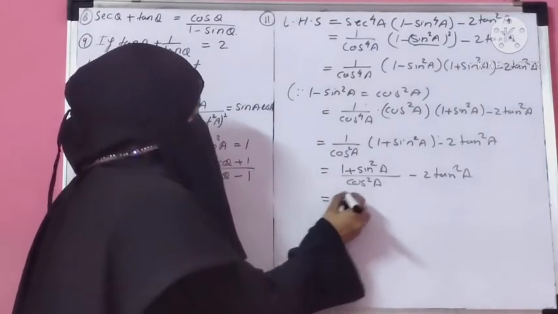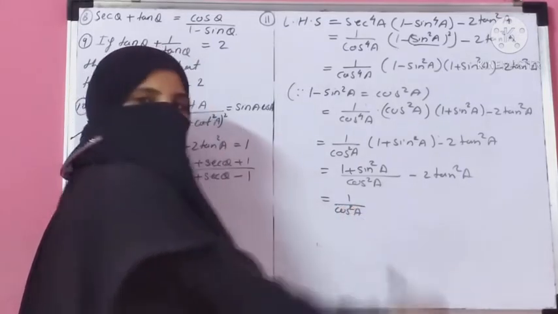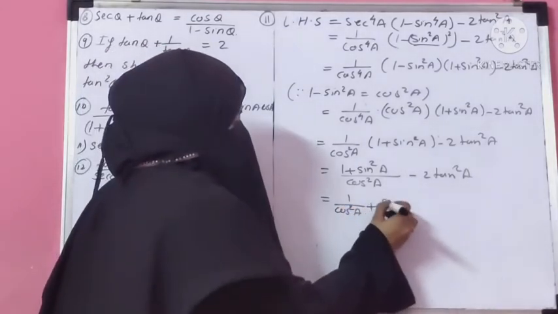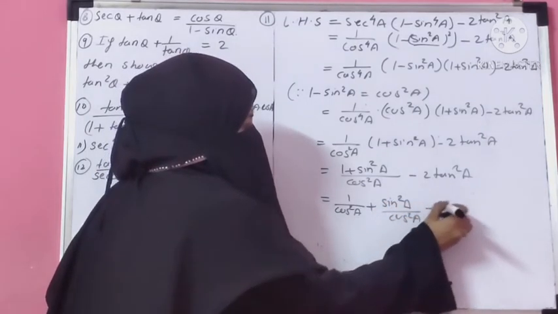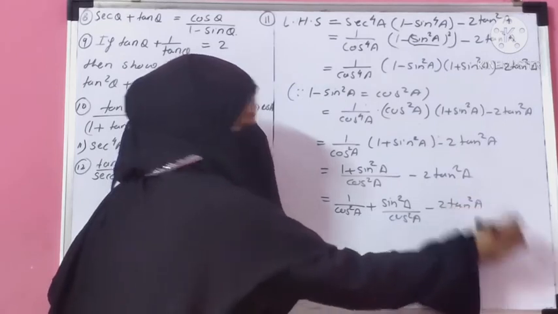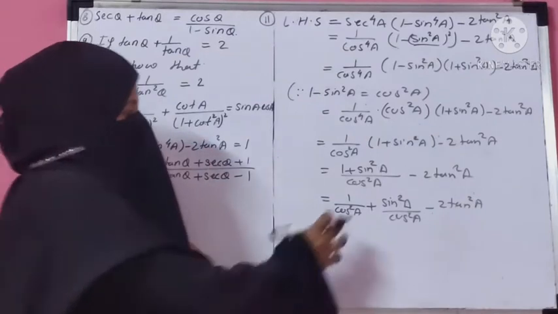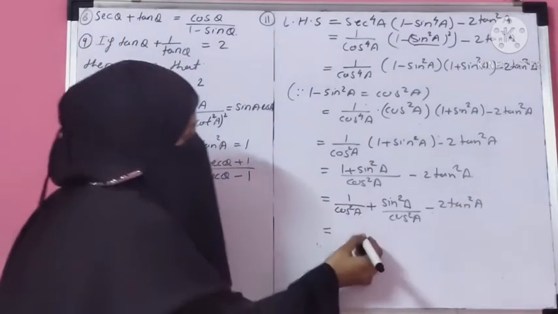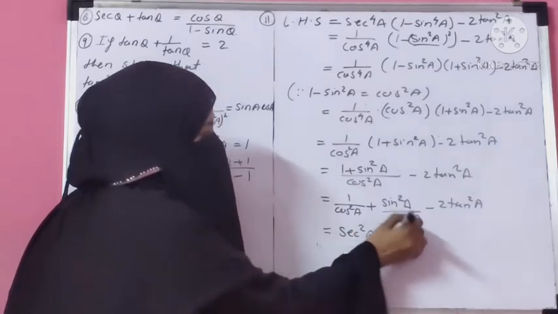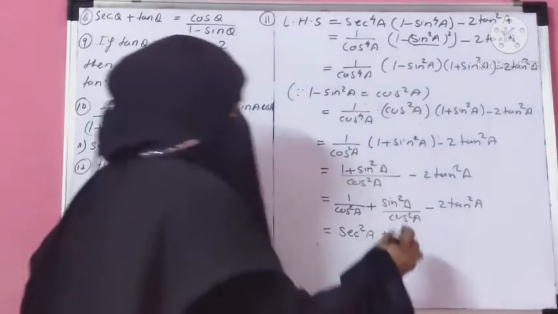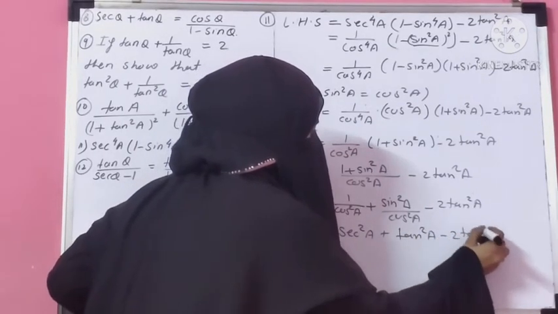If you separate it, one fraction is 1 upon cos square A, plus the next fraction sin square A upon cos square A, minus 2 tan square A. Now 1 upon cos square A is sec square A, and sin square A upon cos square A is tan square A. So we get sec square A plus tan square A minus 2 tan square A.